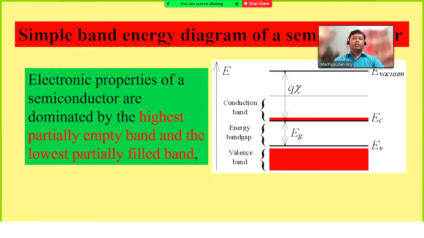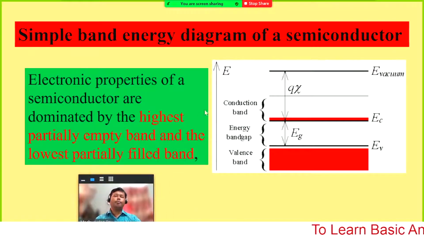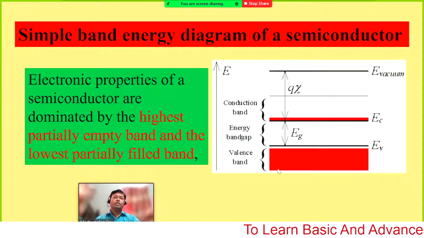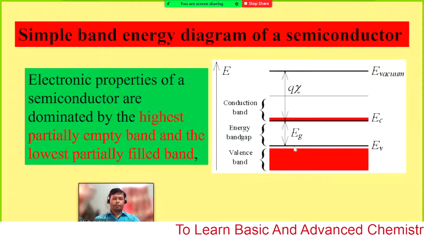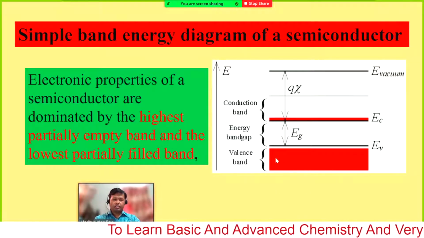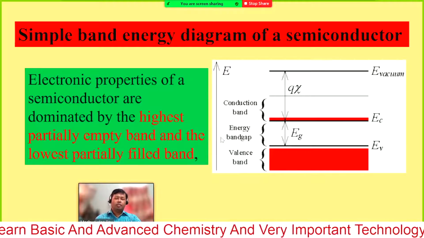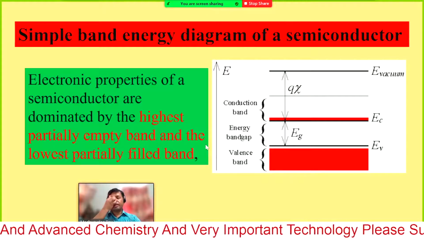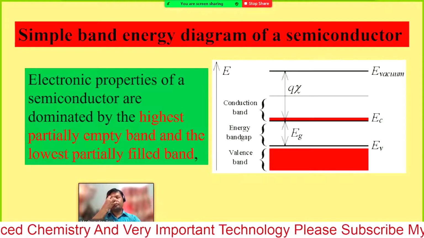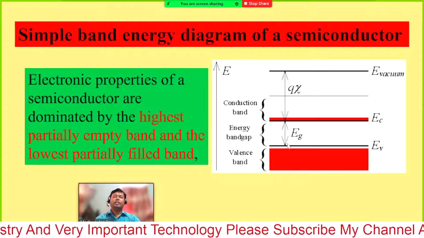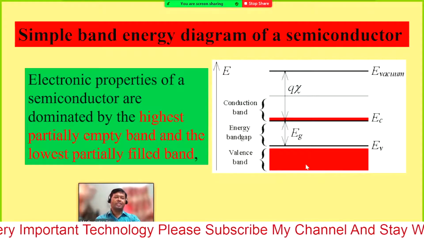Okay, this is the simple band energy diagram. I have already mentioned it in the first slide. So here you can see the valence band, and if I ask you in the exam to write the energy band diagram, then you have to draw it this way.